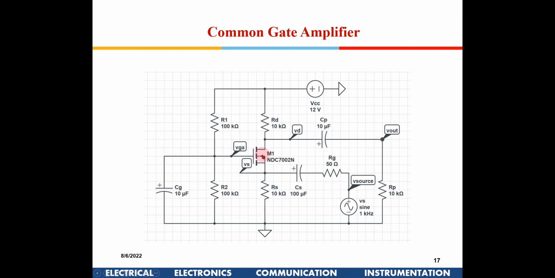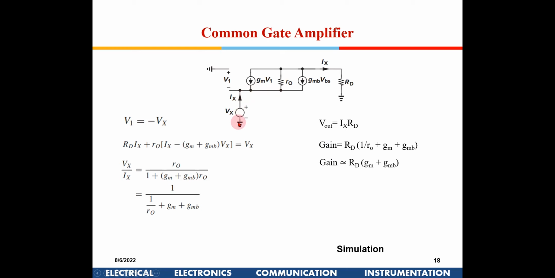If you make an equivalent circuit, this is the current which goes into the load, and it is the same current which is going into the load also. That is why it is almost one current again.